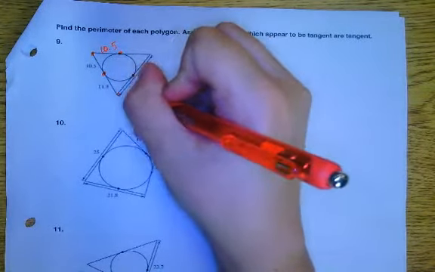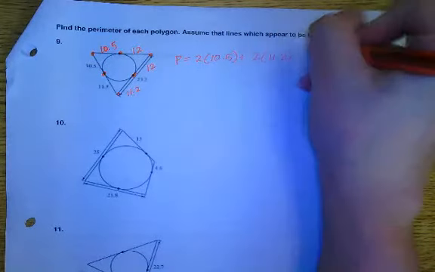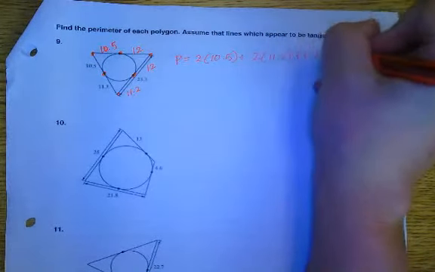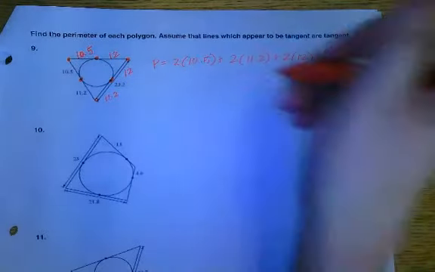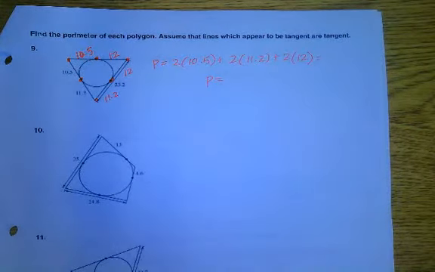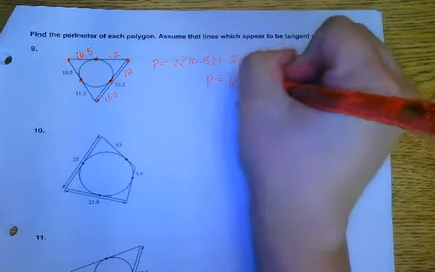And then this piece up top would be 12. And then to find the perimeter, what would you do? Add it all up. So 2 times 10.5 plus 2 times 11.2 plus 2 times 12. What do you get? 67.4 units.